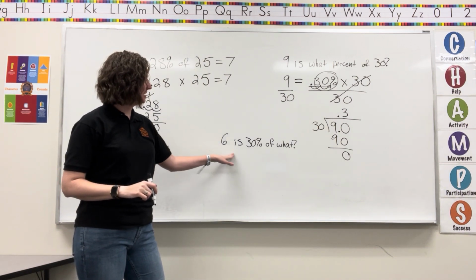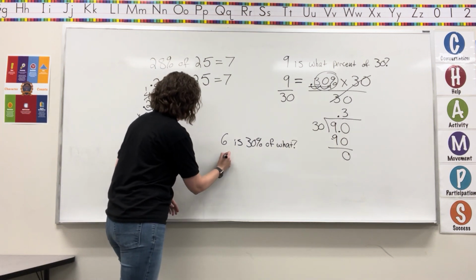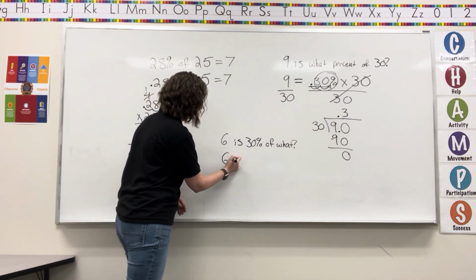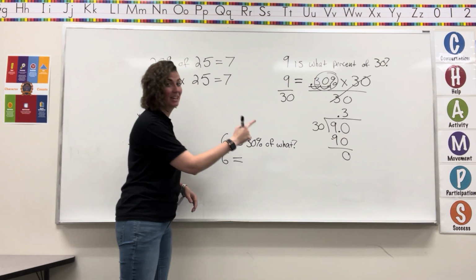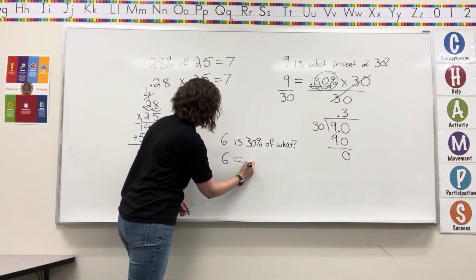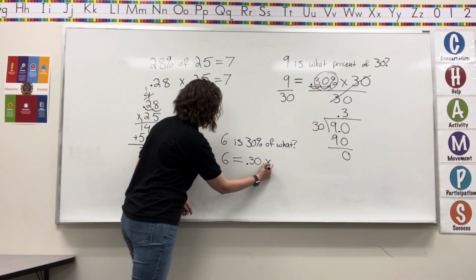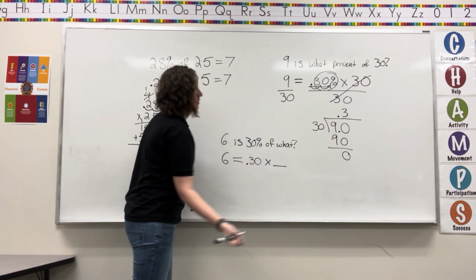Final example, 6 is 30% of what? 6 is 30% as a decimal, because now we're in an equation, of, multiplication. What? We don't know.